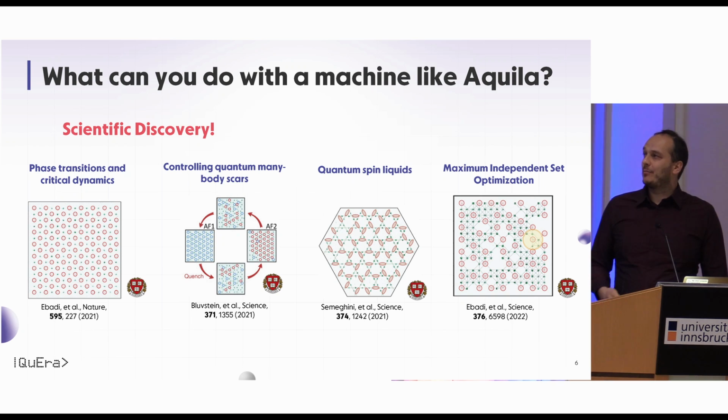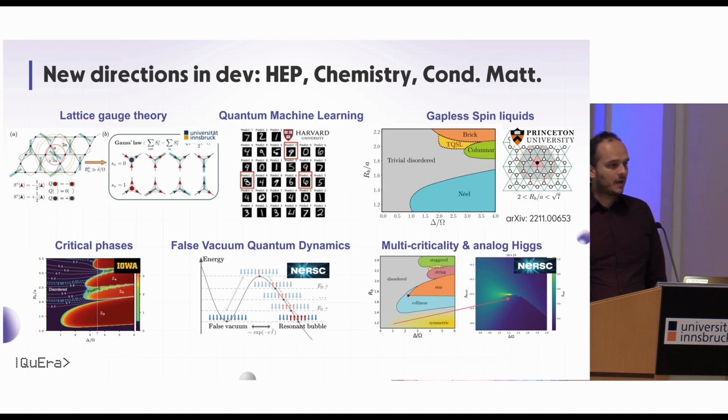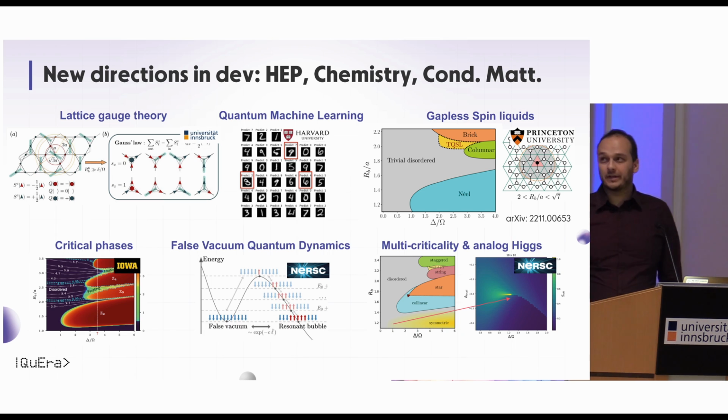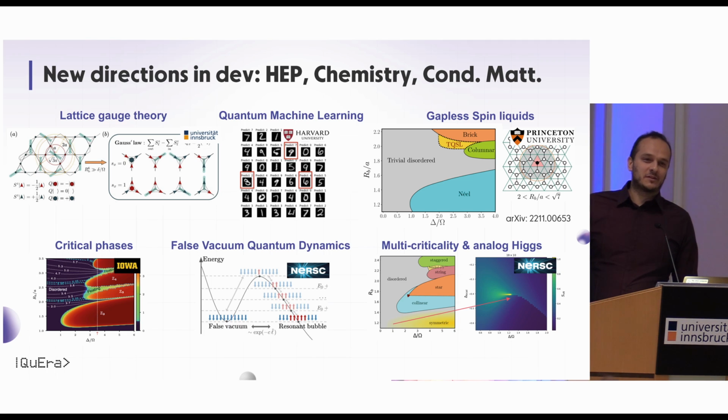And in particular, here's a sampling of projects that we're working on right now at QuEra with a bunch of collaborators. Just a couple of things to highlight. There's a lattice gauge theory project with collaborators from Innsbruck. We're working on quantum machine learning and trying to benchmark the performance of Aquila on a quantum machine learning algorithm against a digit recognition data set.